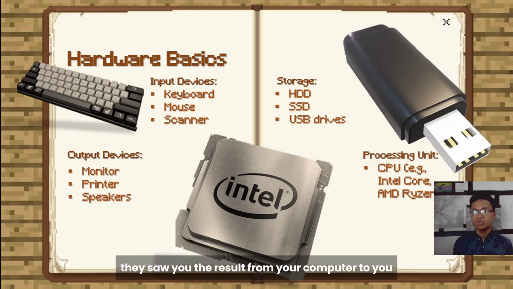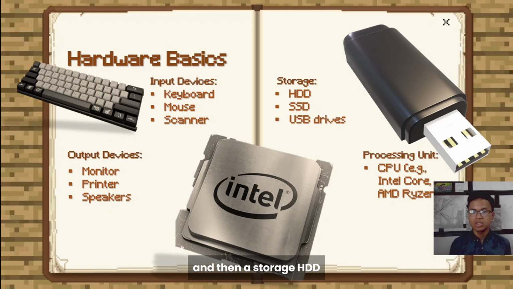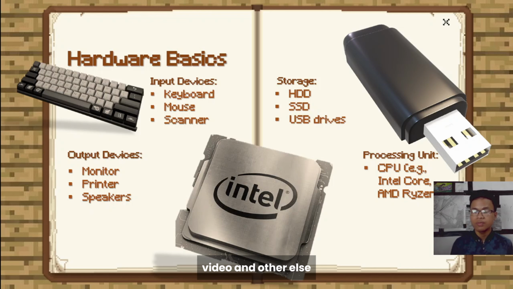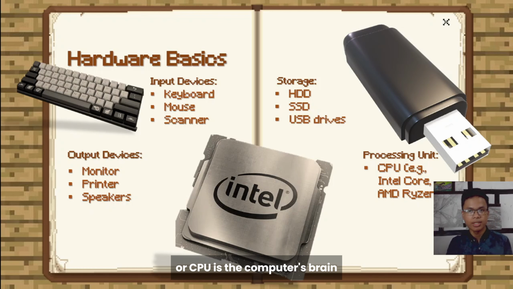They show you the result from your computer to you. And then storage, HDD, SSD, or USB drives, is to save files like photos, videos, and other things. And then the processing unit or CPU is the computer's brain. It does the math and logic.